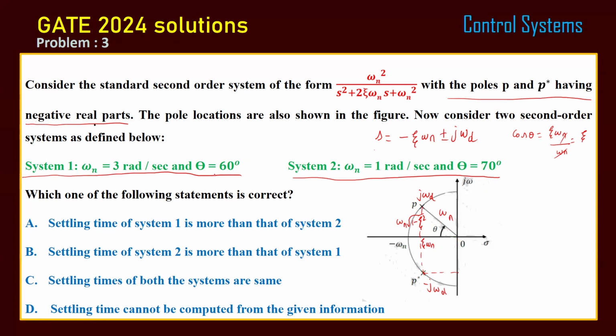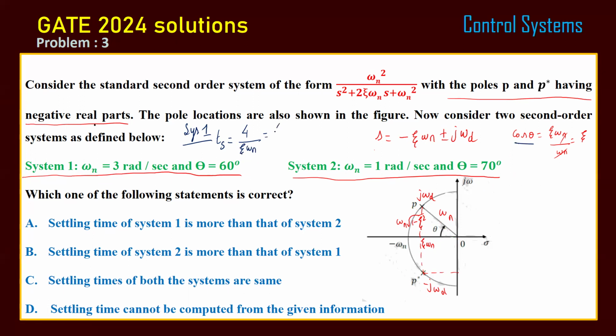So, zeta equal to cos theta. Now, theta is given, omega n is given. We need to find the settling time. Let me find the settling time for system 1 first. Here no tolerance level is given, so I am taking 2% as tolerance. That formulation is 4 by zeta omega n, where zeta equal to cos theta.